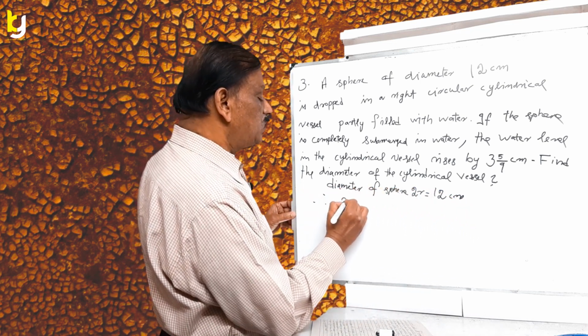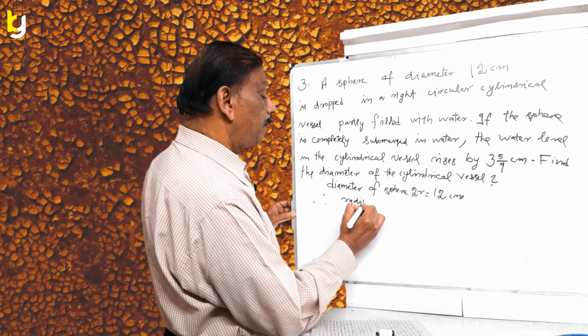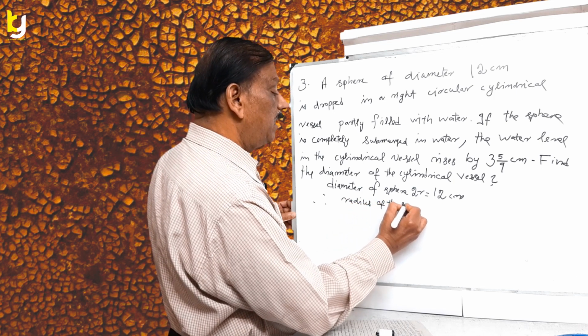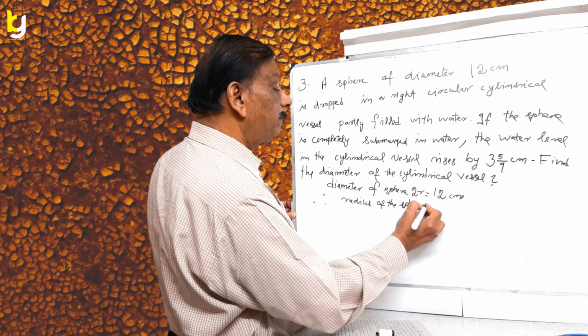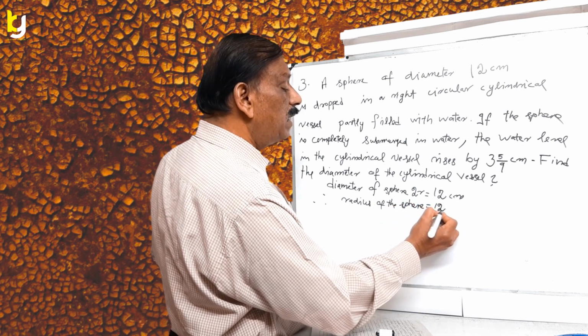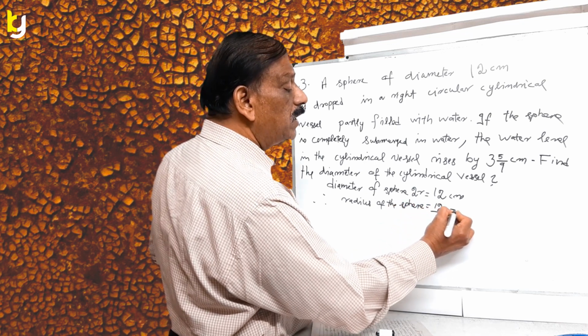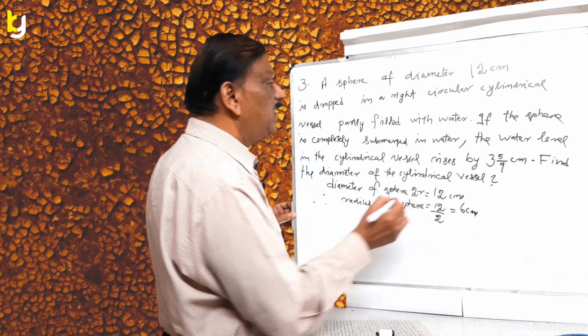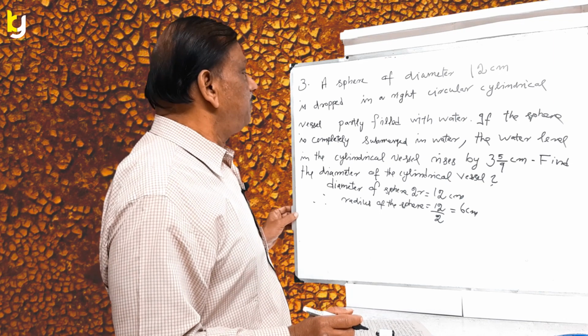Therefore, radius of the sphere, that is equal to 12 by 2, that is equal to 6 centimeter. So, radius of the sphere is 6 centimeter.